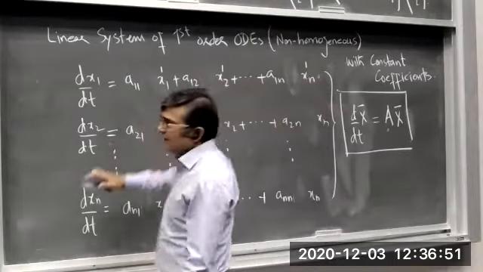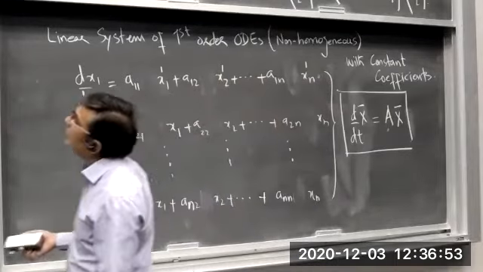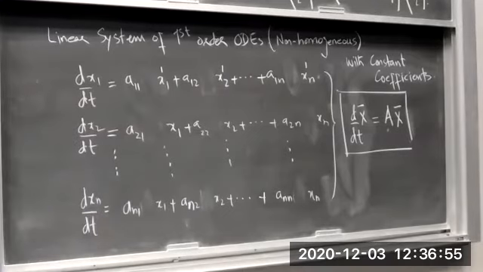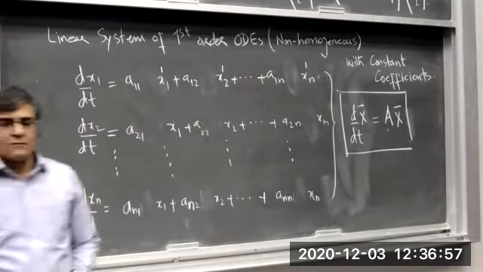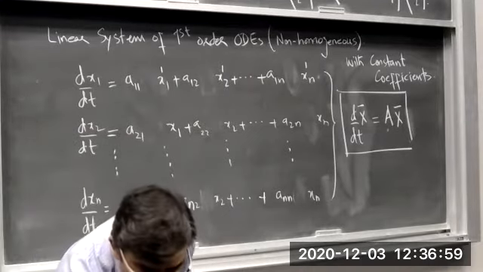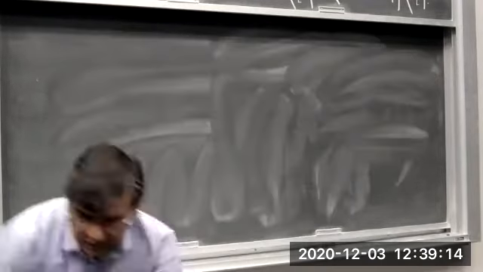Let me clean this board maybe. Let's go back here. I'm gonna pause the video for 1 minute. Verification of solutions. Now, what is a solution and how to verify it? Let's do an example of this and we'll move forward.